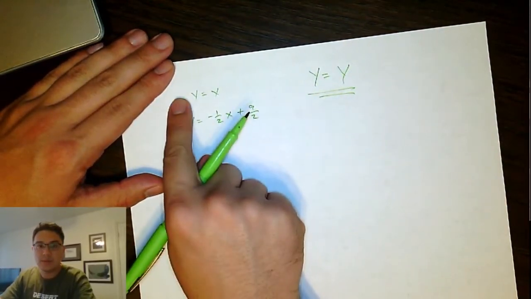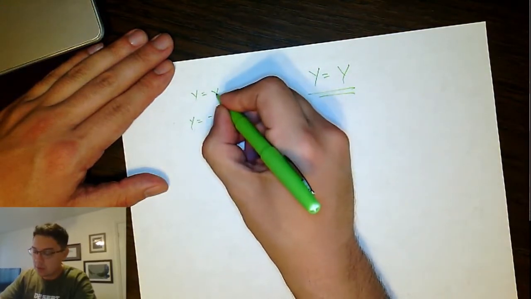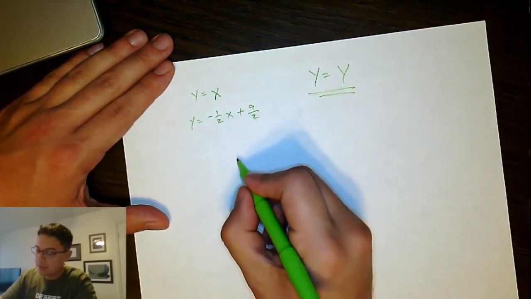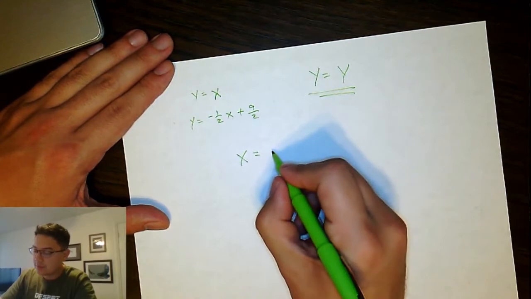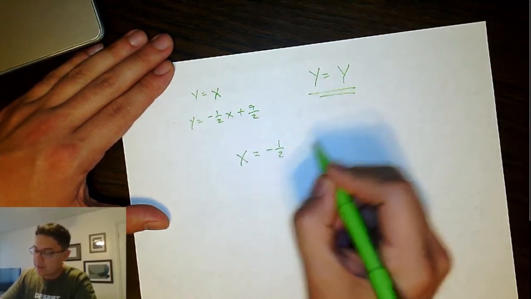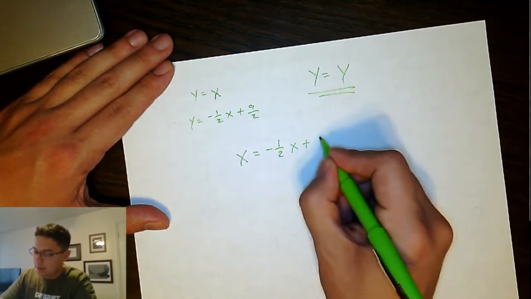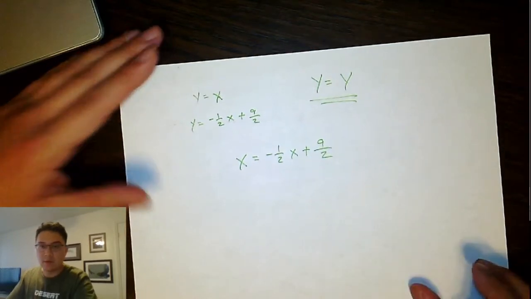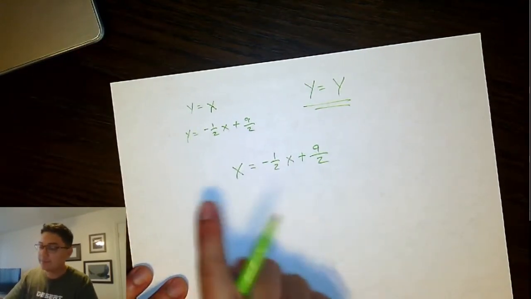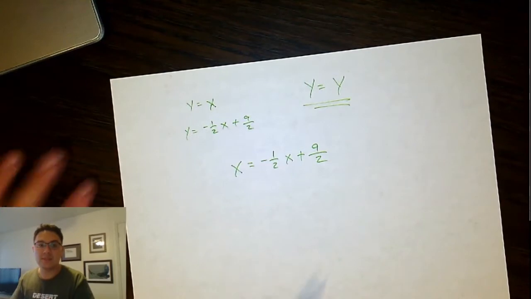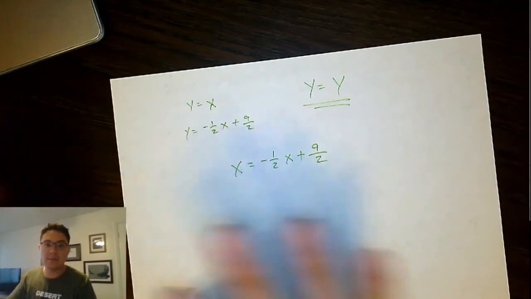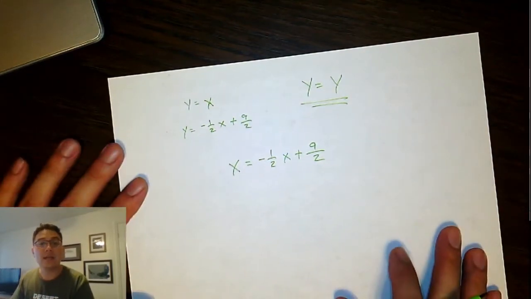Well, these are both equal to y, so we're just going to set these each equal to one side of the equation. So we will get x is equal to negative 1/2 x plus 9 over 2. So we're going to solve this for x now. The video is going to speed up again. Get rid of the denominator, multiply everything by 2, and then isolate x.